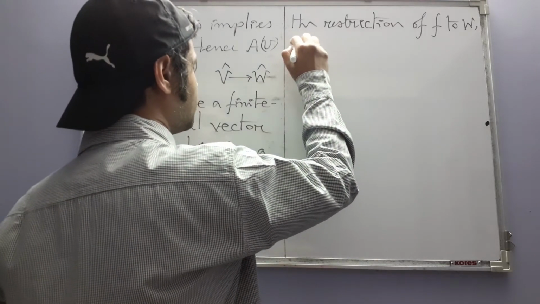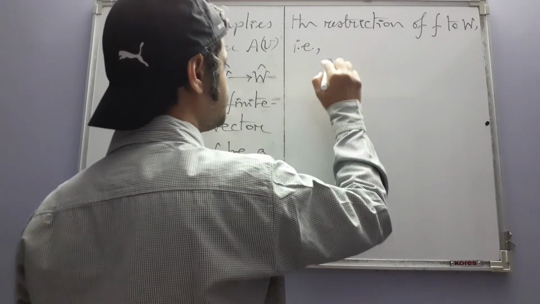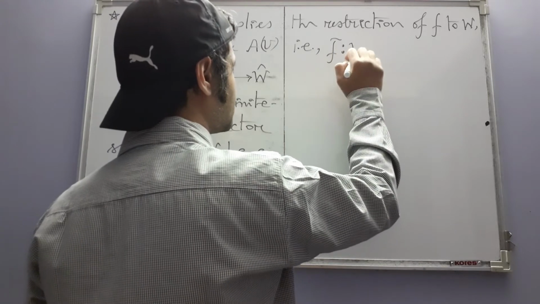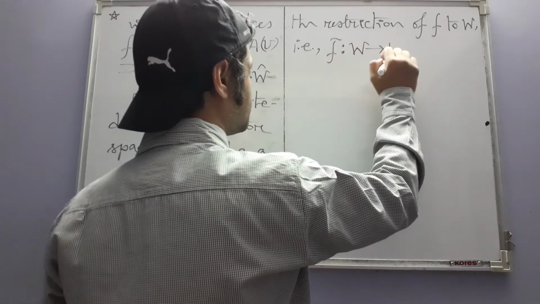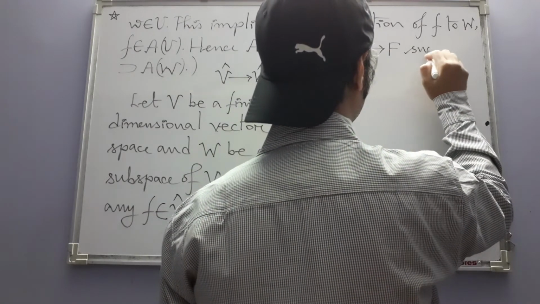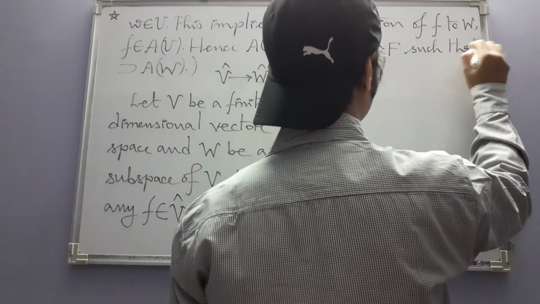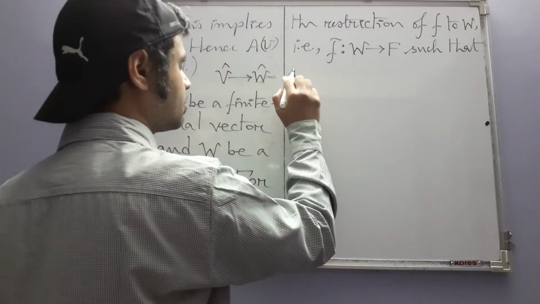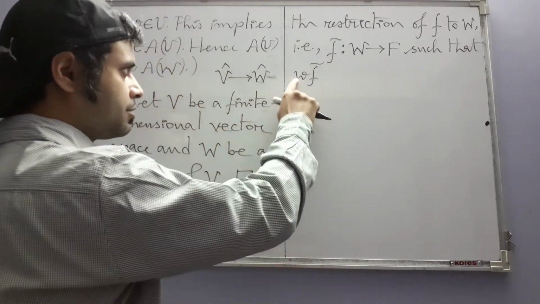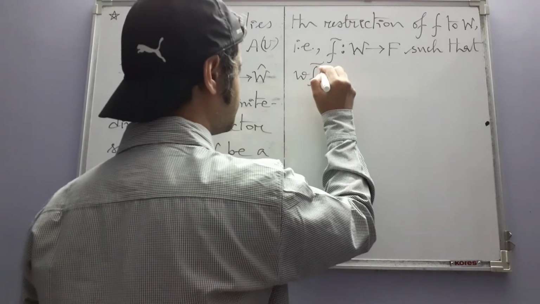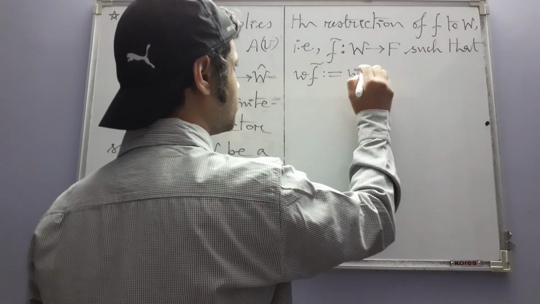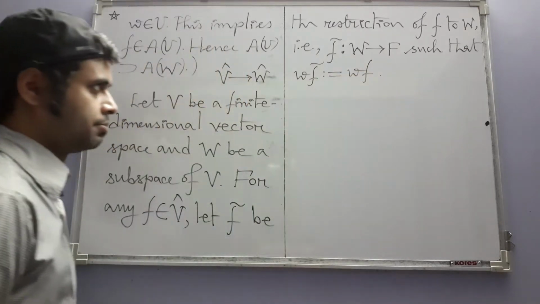So we however write it in detail. That is, f tilde is the function from W into F such that w f tilde, where this w is coming from W of course, is by definition nothing but the f image of w.